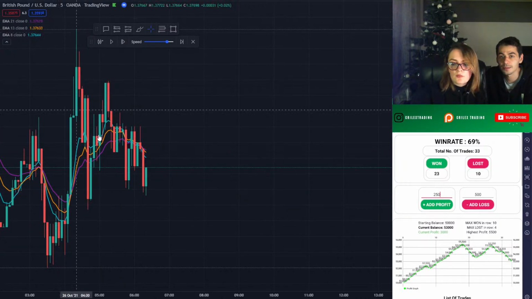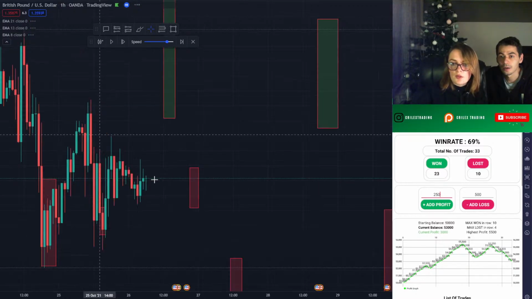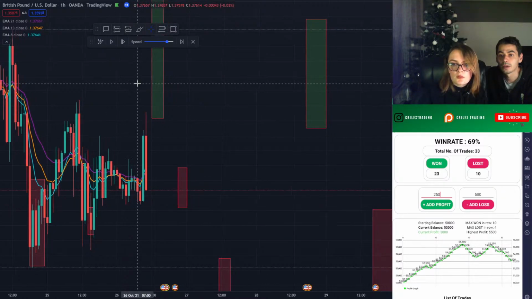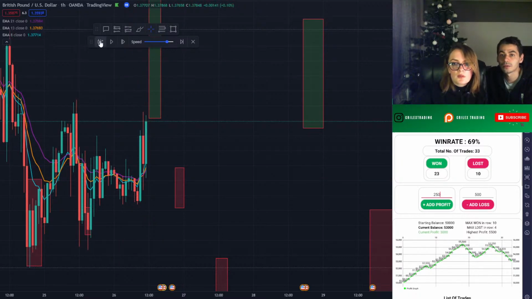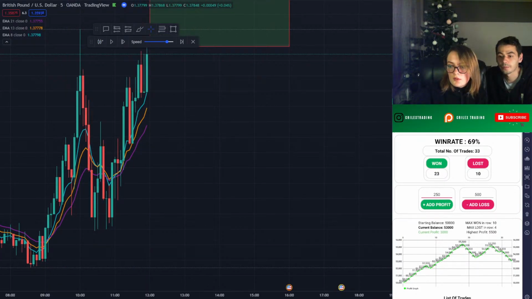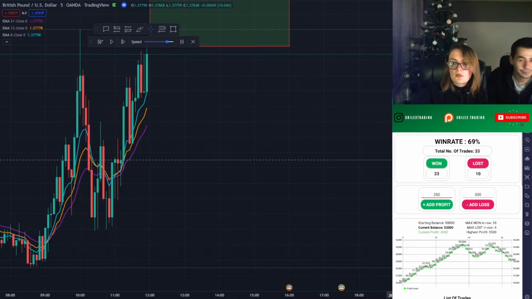Just type 60 and scroll forward from this point. Okay, one more candle maybe. Now switch to 5 minutes. Just type 5. Yeah, that's perfect.